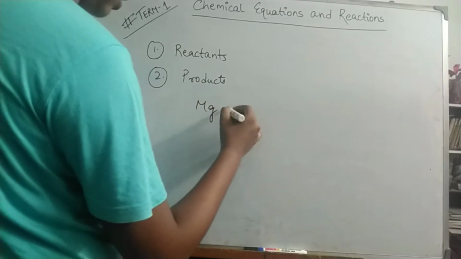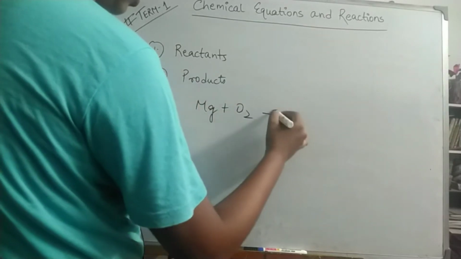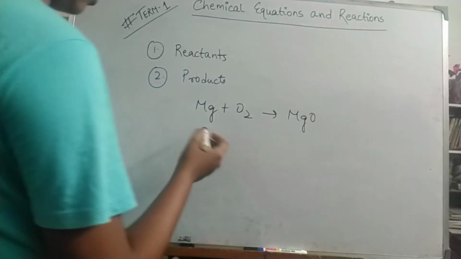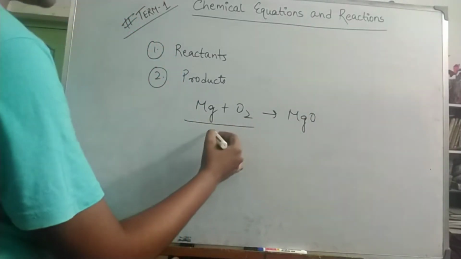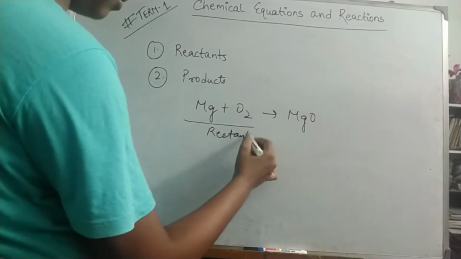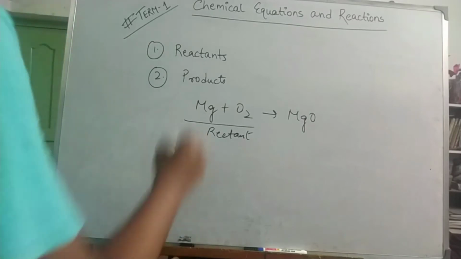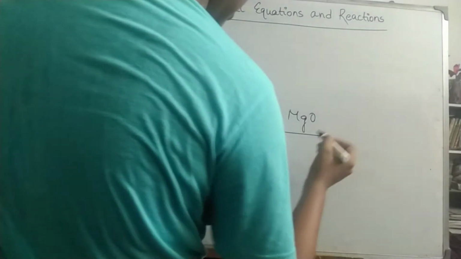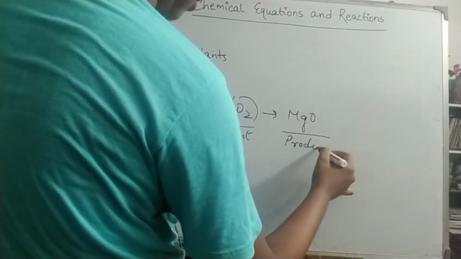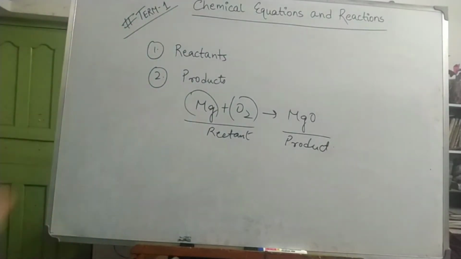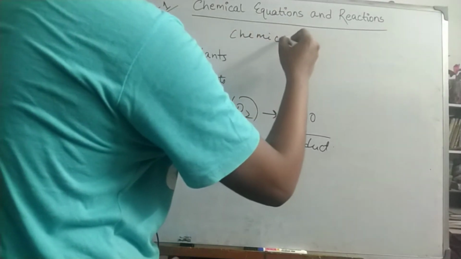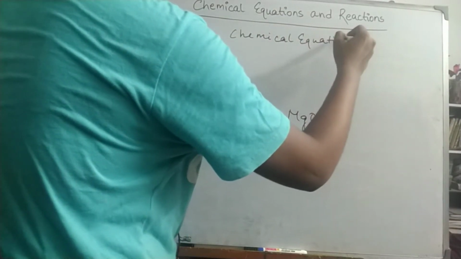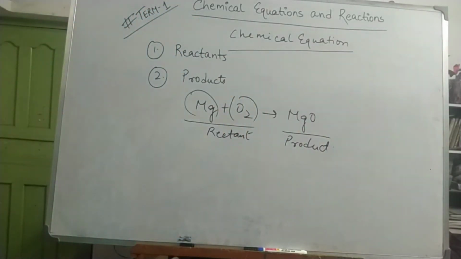Suppose I am giving you an example, Mg plus O2 gives MgO. Now this left hand side part is called reactant. Means which will take part in the reaction, these two substances or elements, and the ultimate result is the product. This is formed. So this is reactant and product in a chemical equation.